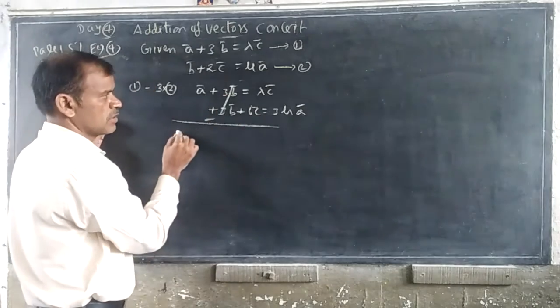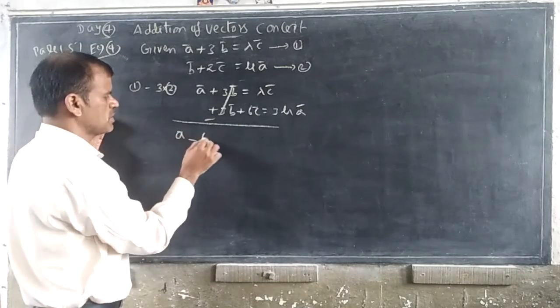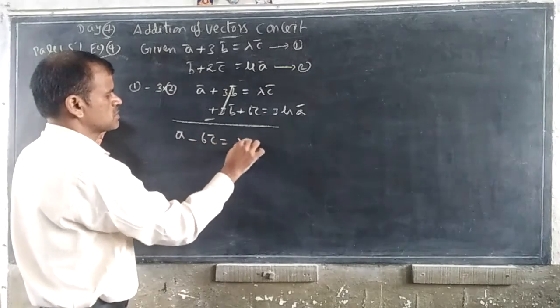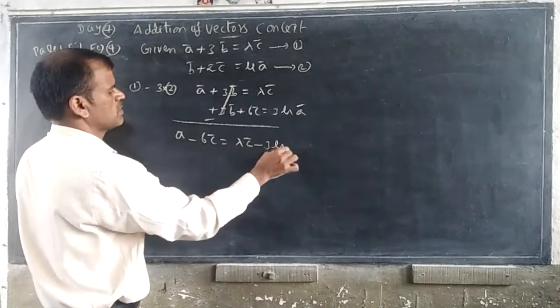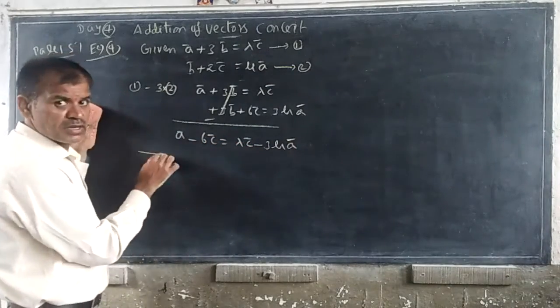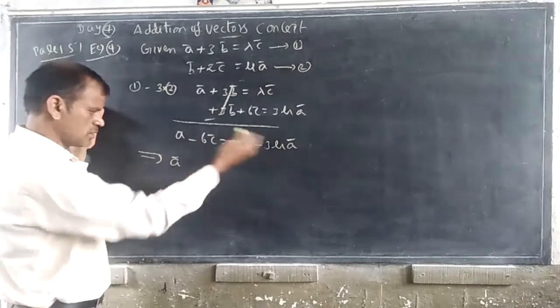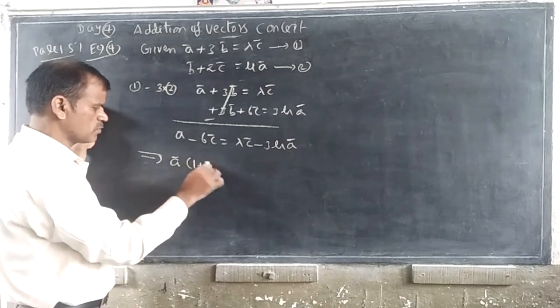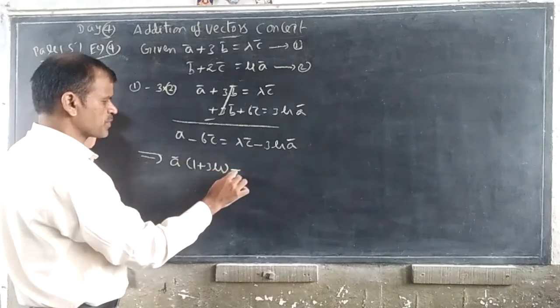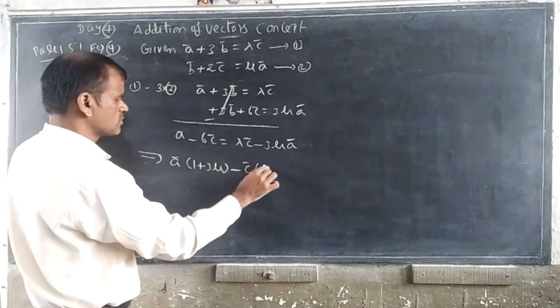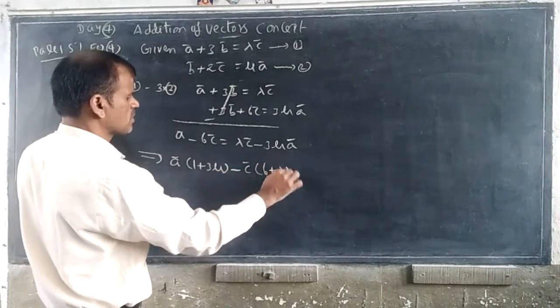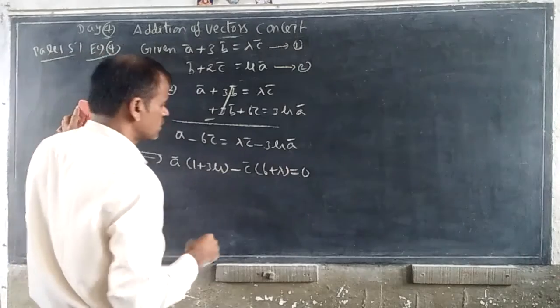Subtract. Now it becomes A bar minus 6C bar is equal to lambda C bar minus 3 mu A bar. That implies A bar into (1 plus 3 mu) minus C bar into (6 plus lambda) equal to 0.